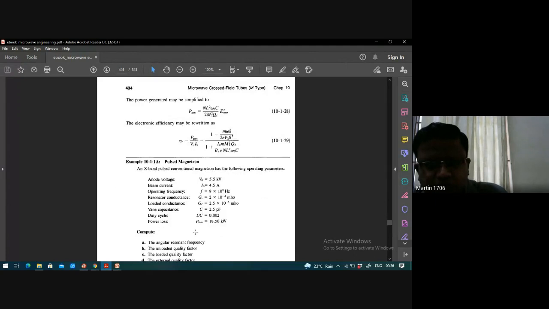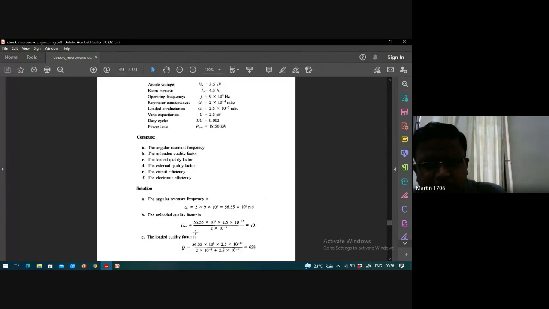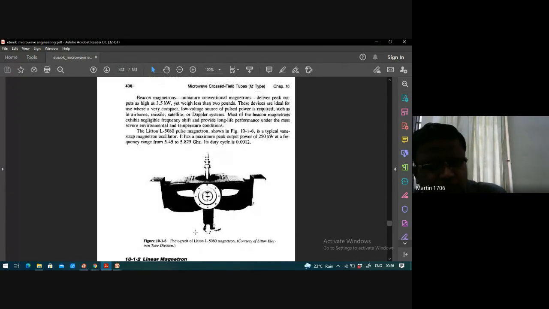In your textbook there are a lot of equations, but there is no need to read all that. In reality it will look like this. It is a model photograph of the Litton L5080 magnetron. The magnetron part is the middle one; the entire unit is not the magnetron, only this middle part.